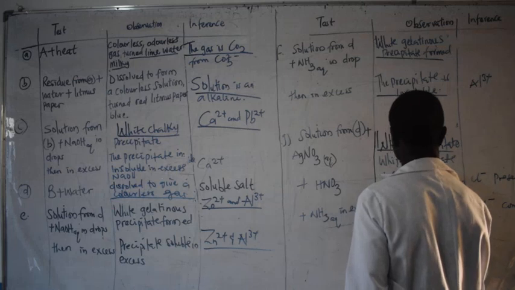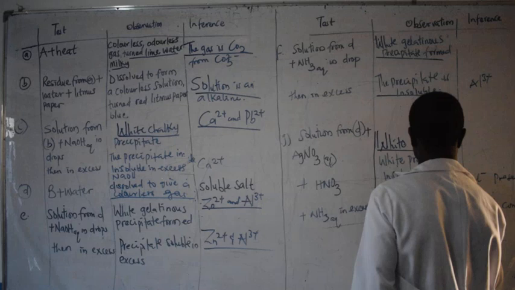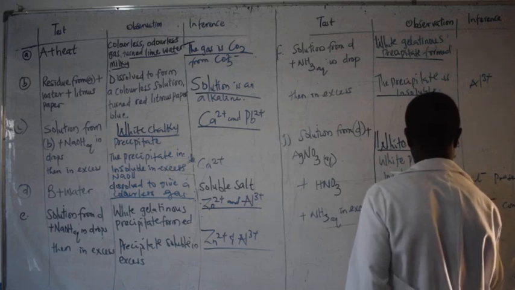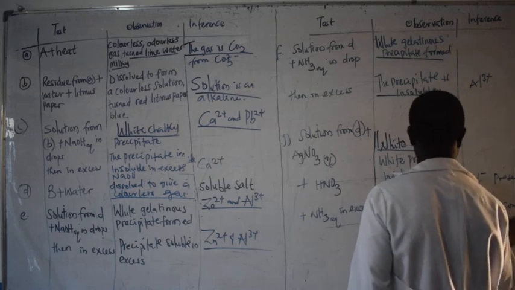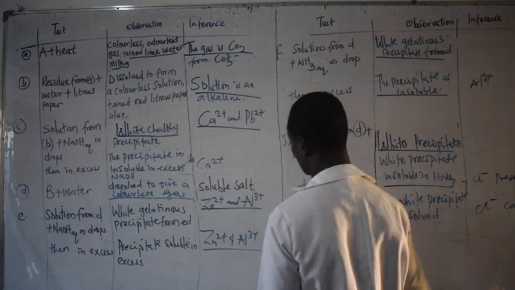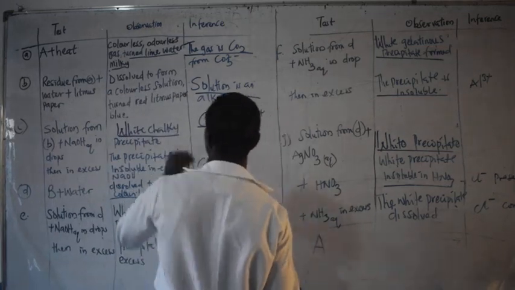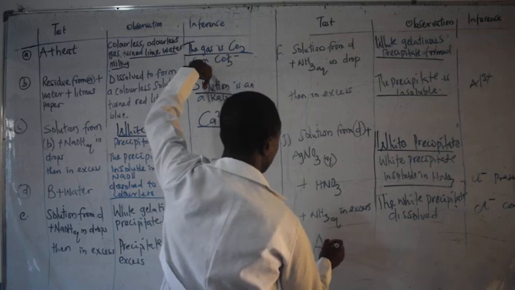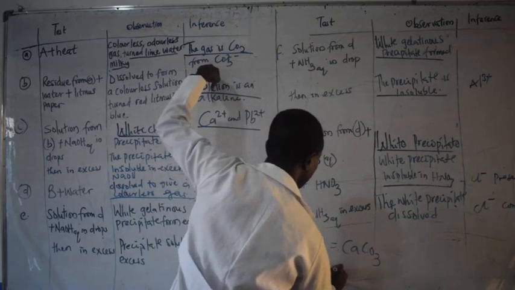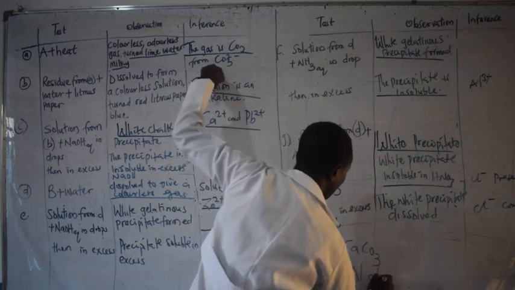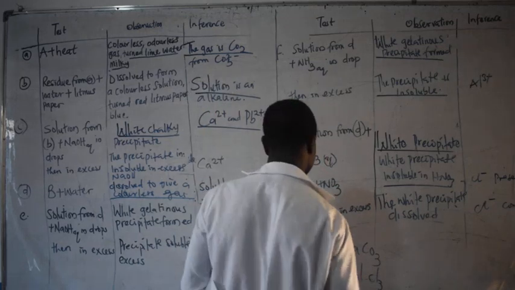The white precipitate dissolved. So that confirms the presence of chloride ion. So the salt that was tested for A is calcium carbonate, and B is aluminium chloride. That was the salt that was tested.